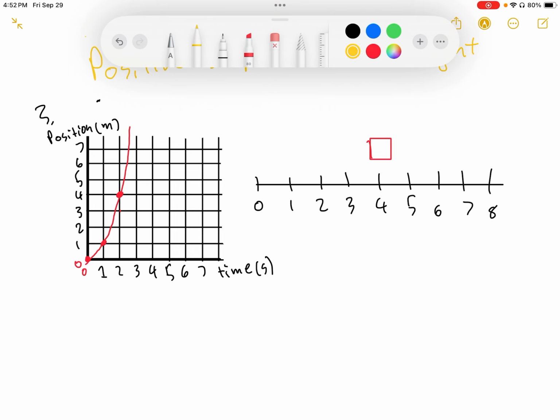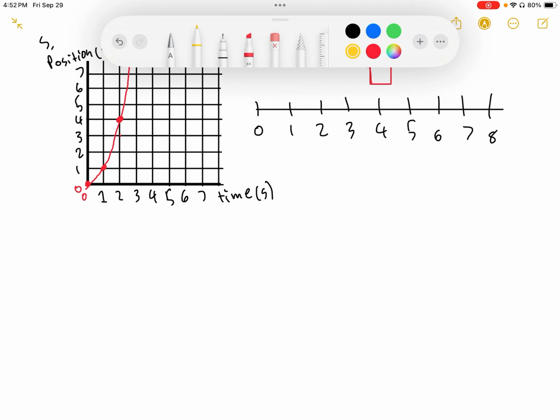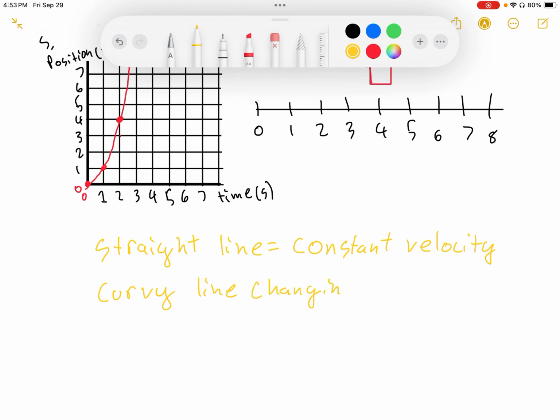So this kind of brings us to the third big point here: what happens when an object accelerates. So a straight line is the constant velocity. And a curvy line means that our velocity is constantly changing, means a changing velocity and acceleration.